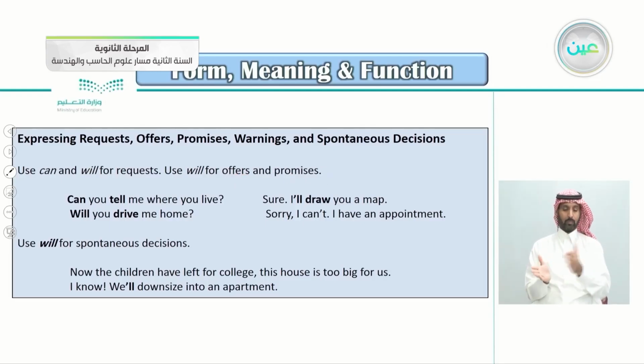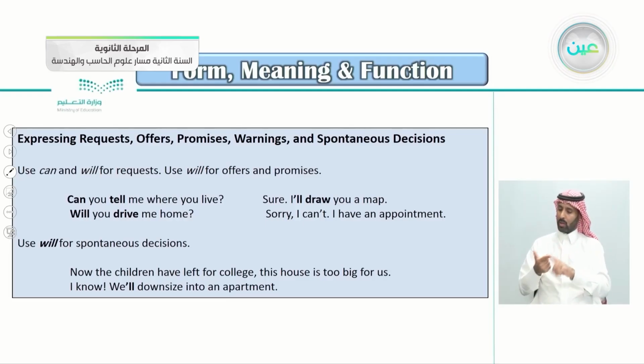Let's read these examples. Can you tell me where you live? So this is a request using can. Sure, I'll draw you a map. Will you drive me home? This is also a request using will here. Sorry, I can't.